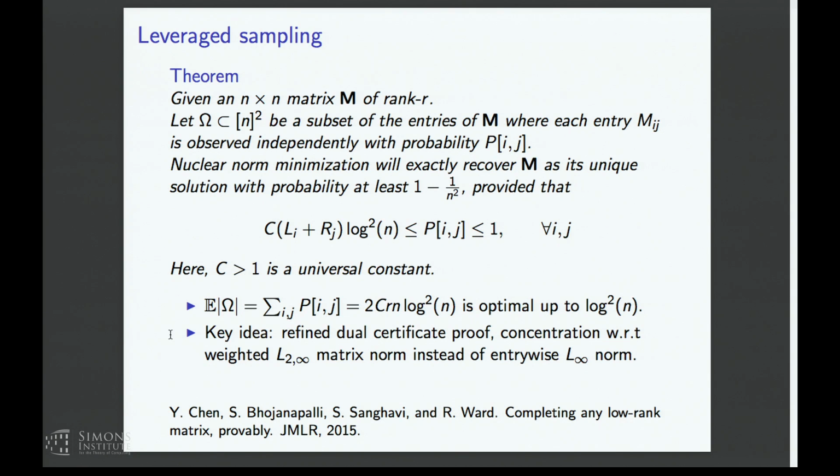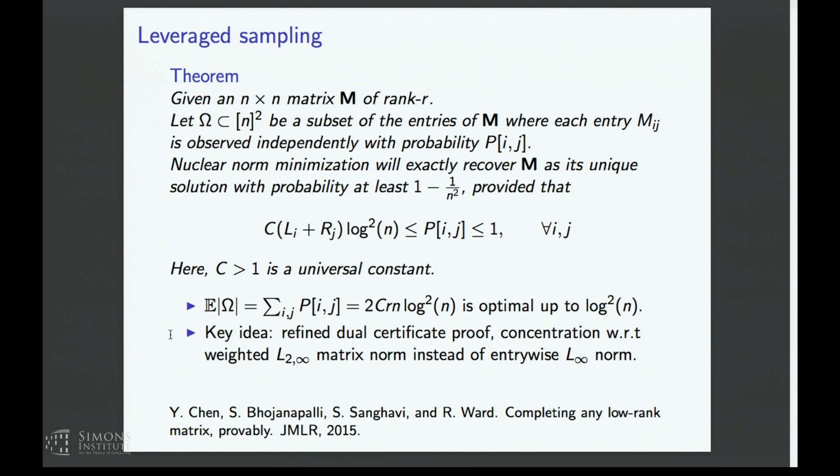So if the ijth entries are sampled according to a probability greater than this, then we can recover or complete the underlying matrix from these samples, and in expectation, this number of samples is on the order of r times n times log squared n times constant c.